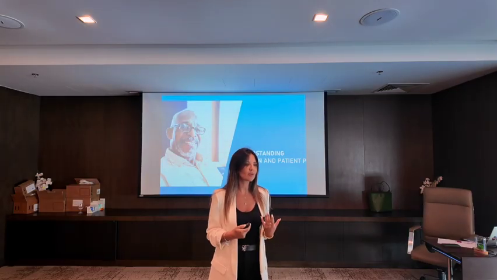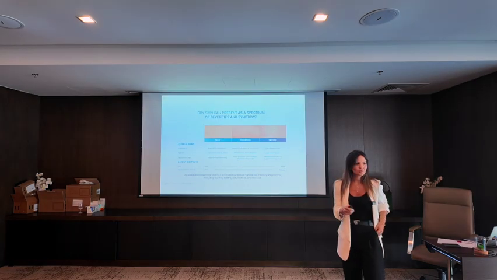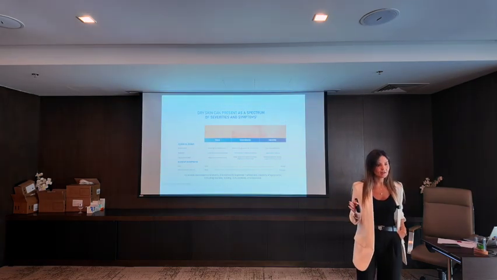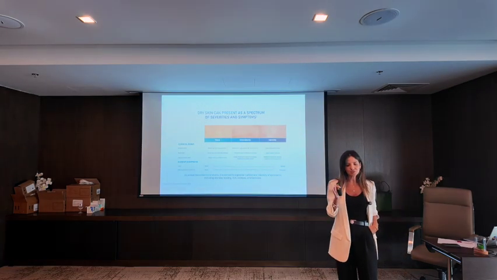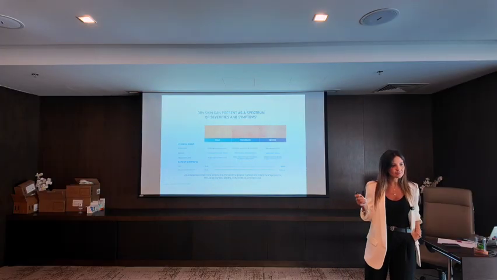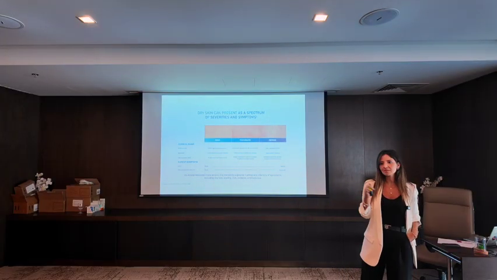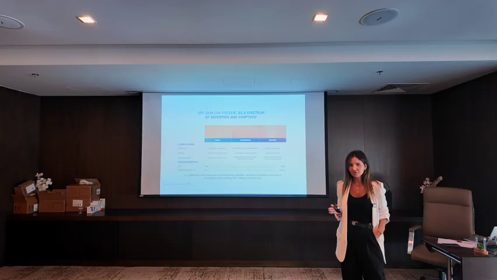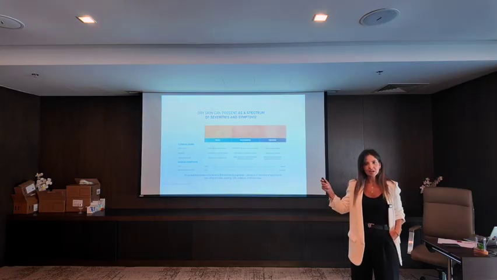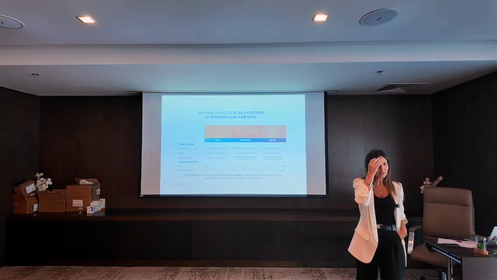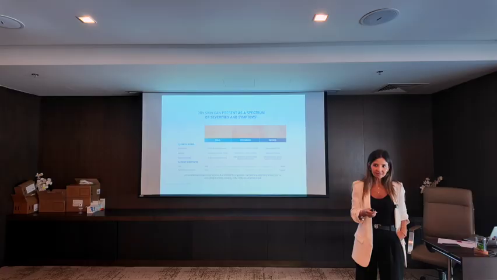But what's the problem of skin hydration? First of all, we see different types of dryness. Either it is mild, moderate, or severe, correct? And in each type, we recommend specific actives, right?